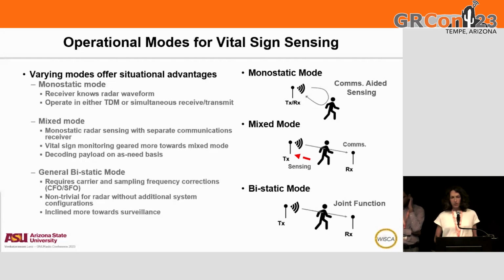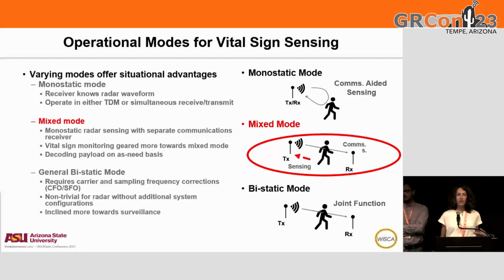The total alternative would be a bistatic mode, where you transmit from one unit and receive at another unit, doing both your comms and radar processing on that other unit. But the mode that we are working with today is a mixed mode. We transmit from one unit and do our radar processing on that unit, and we do our comms processing on a second unit.